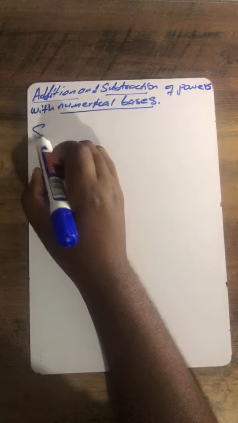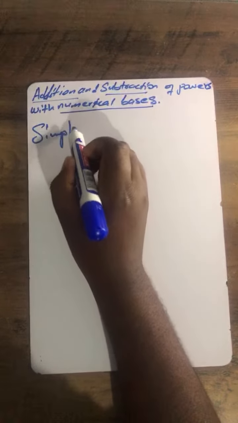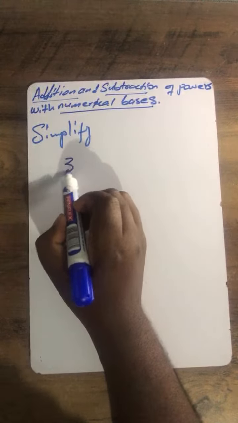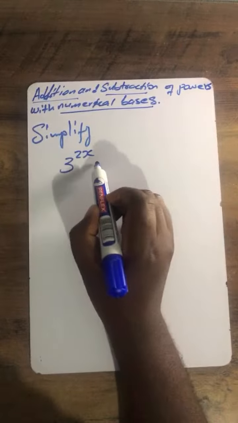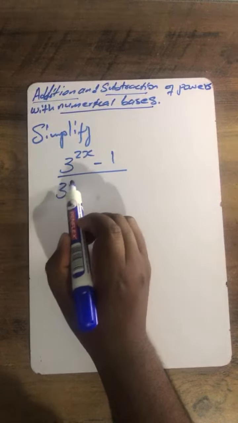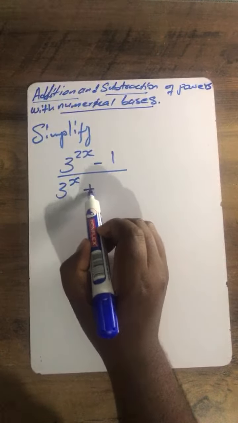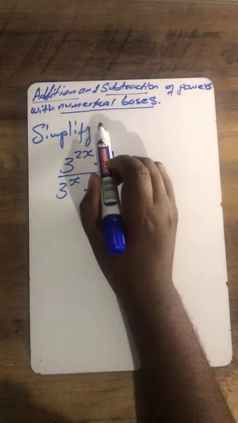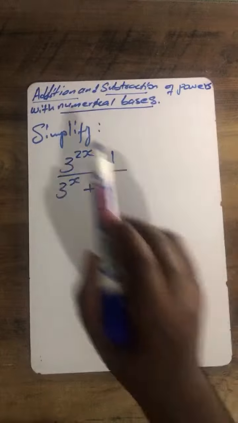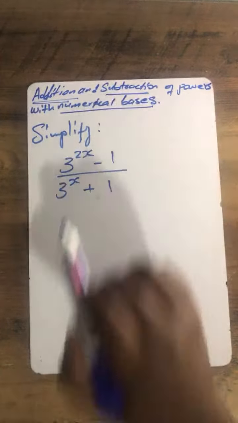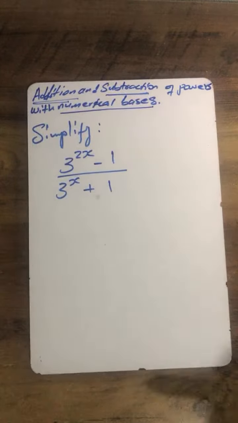So here, this is where you need to simplify. What are we simplifying? You simplify 3 to the power of 2x minus 1 over, let us say, 3 to the exponent x, let us say plus 1. Yes, I've copied it correctly. What you need to do is to simplify. Remember, addition and subtractions of powers with numerical bases.